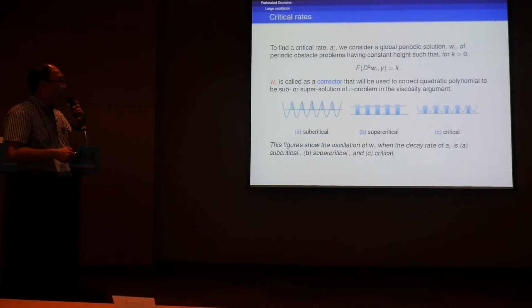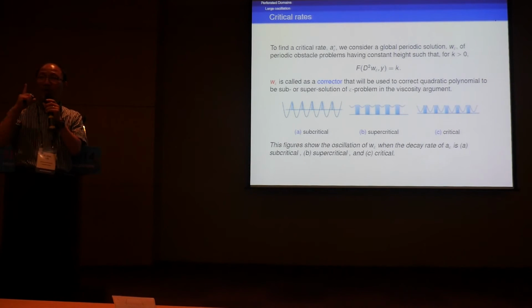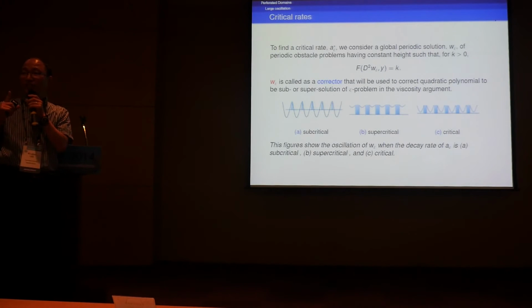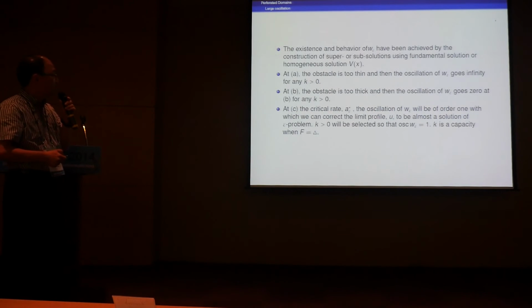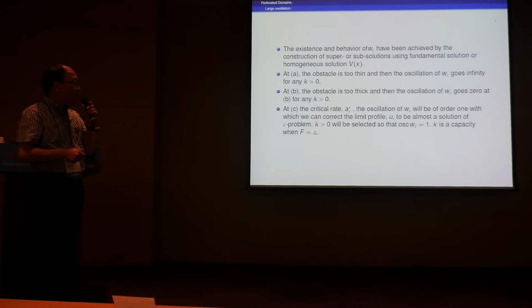At a critical rate, if you put some number, then you have oscillation of obstacles, a periodic solution. And we choose k so that the size of the oscillation is just 1 unit size. Then for the Laplace operator, if this oscillation is 1, then this k is a standard capacity.